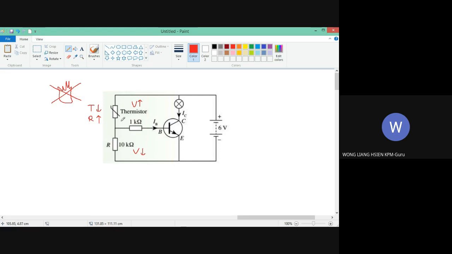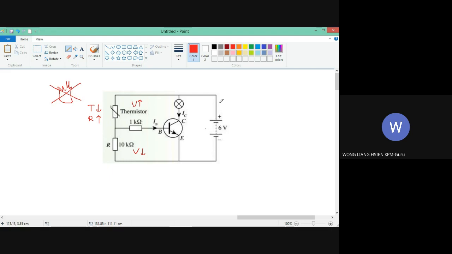For your information, the changes in the resistance of the thermistor are very similar to the changes in resistance of the LDR. When the temperature is low, the resistance of the thermistor is very high. When the temperature is high, the resistance of the thermistor will decrease until very low.